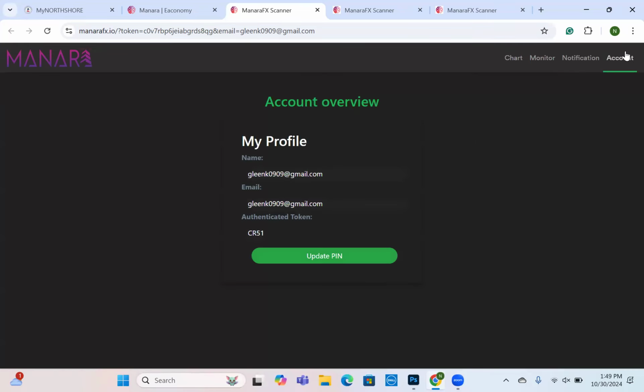If we were using phone, now copy your authenticated token. Copy that token that you see there. Have you copied it?